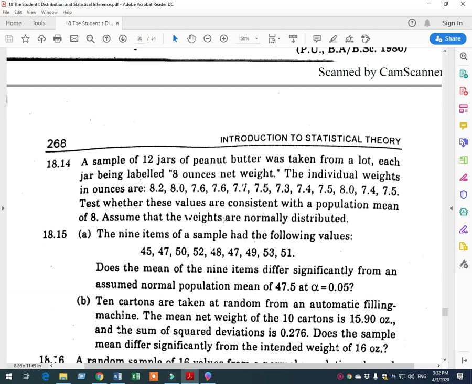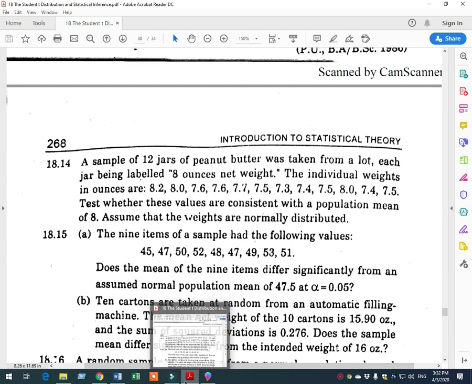Why T distribution? Because we are not given the population variance, we are given the population mean. We are not given the population variance or standard deviation, and the sample size is 12. So the sample size is less than 30, and the population standard deviation is not given to us, so that's why we will be using the T distribution.